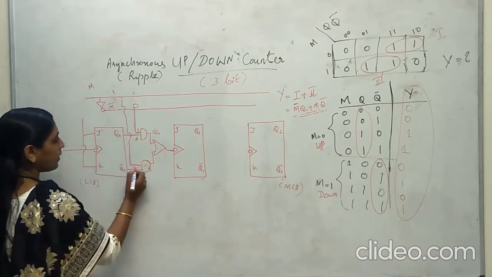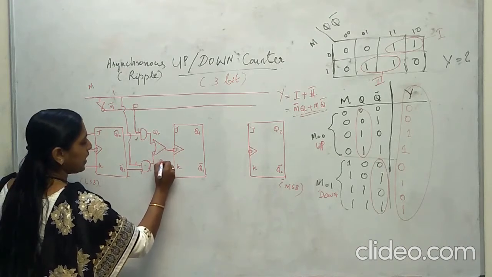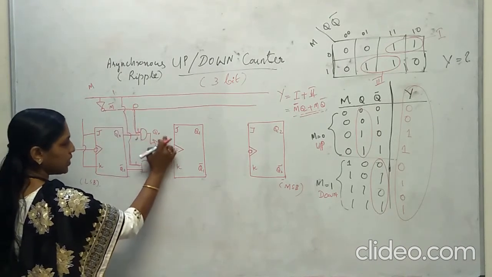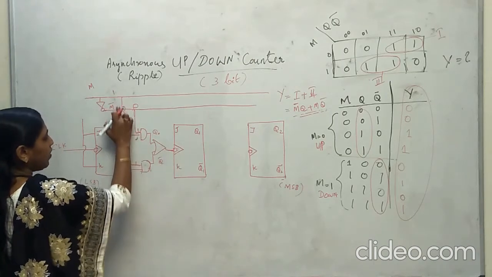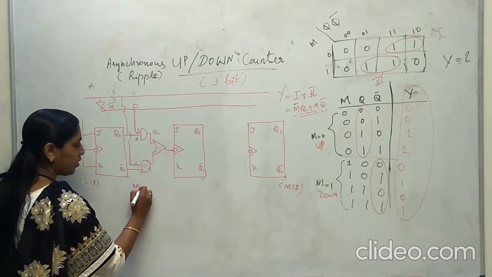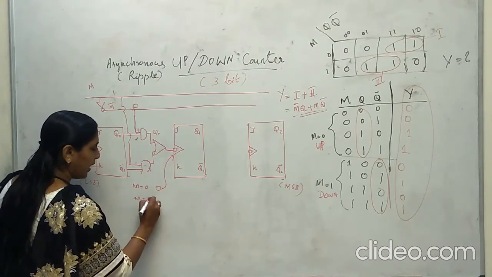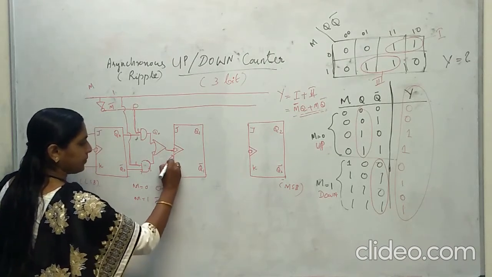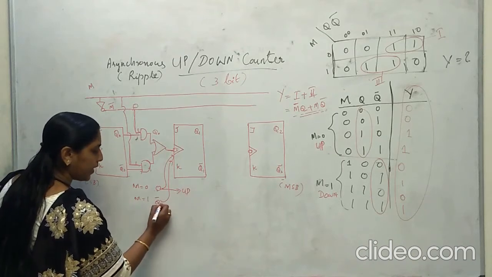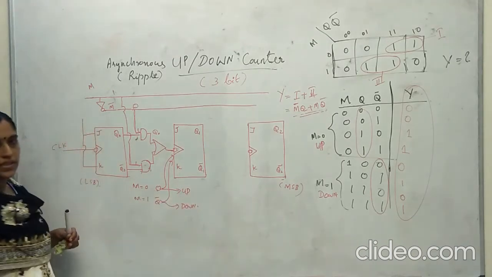So at that time, Q0 bar will be given as the output. So whenever M is equal to 0, Q0 will be given. Whenever M is equal to 1, Q0 bar will be given as input. So when M is equal to 0, Q will be connected, and when M is equal to 1, Q bar will be connected. When Q is connected, it will count up, and when Q bar is connected, it will count down. Okay, this is the case.